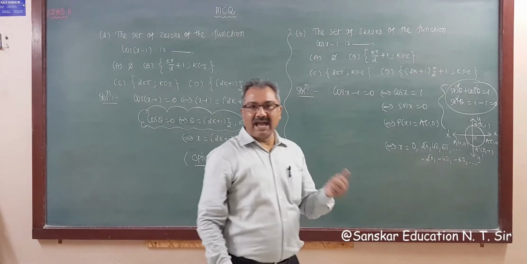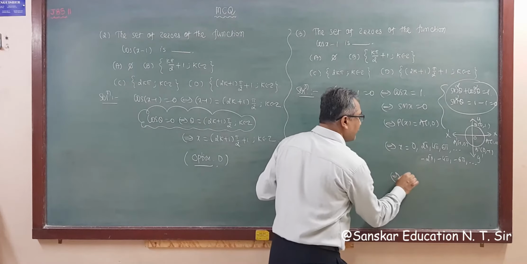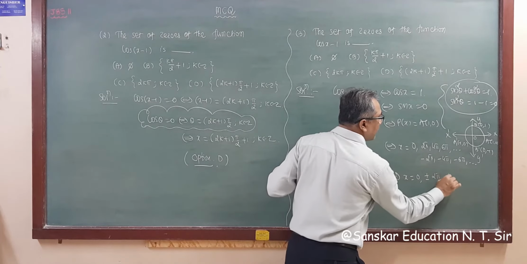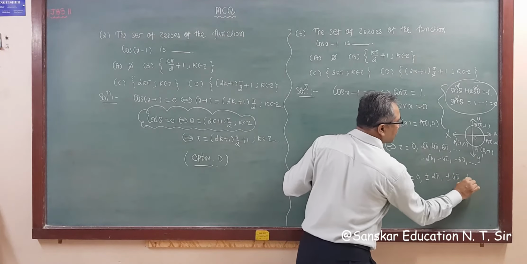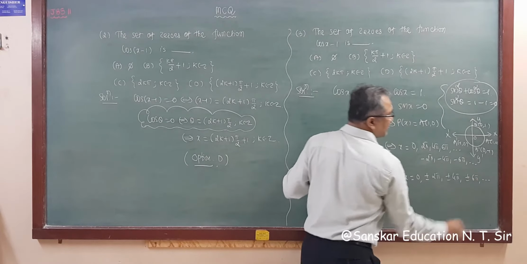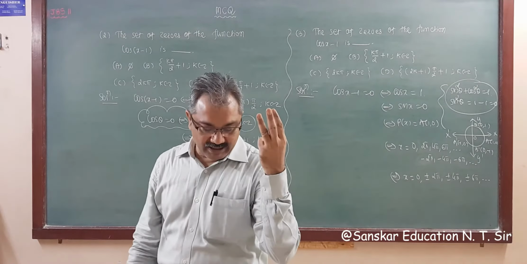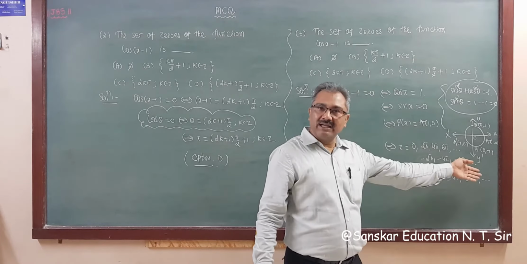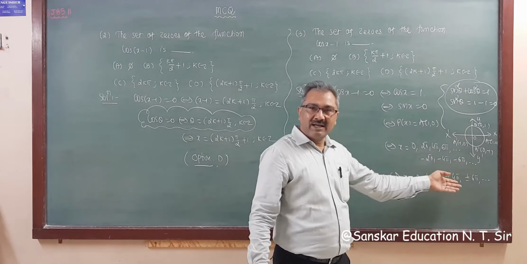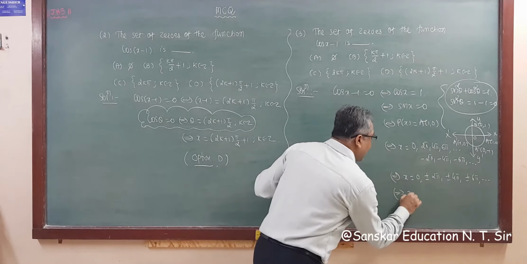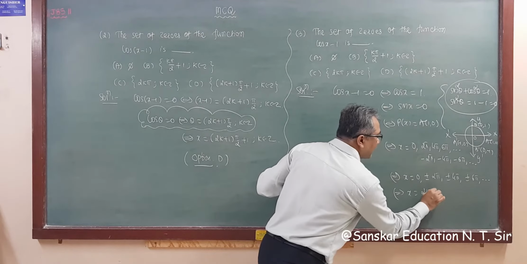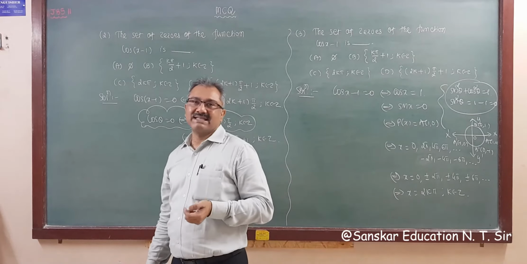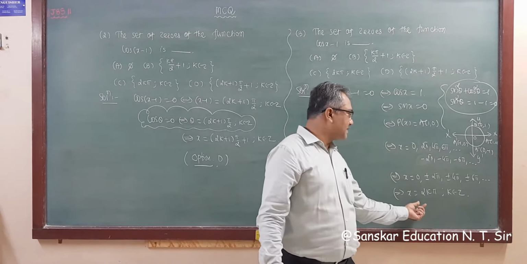So what we get? In short, if you don't want to write these things, you can write x is equal to 0, plus or minus 2π, plus or minus 4π, plus or minus 6π, and so on. Now if you want to write this, this is all even multiples of π, and an even number can be expressed as 2k, where k belongs to Z. You know how to express even numbers.